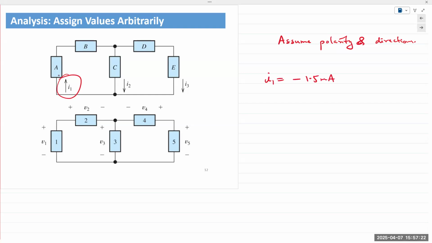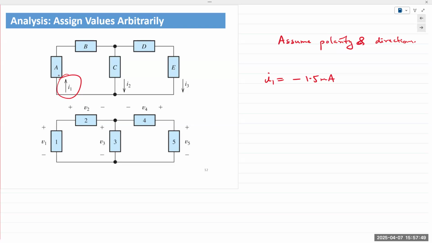What does that negative sign mean? It's just opposite direction. As long as my analysis is correct, I probably have my magnitude correct. Negative sign is simply indicating that my assumption is opposite of what the actual current is. As students, for you, if you make an assumption and you end up with a minus sign, you will still get full credit.